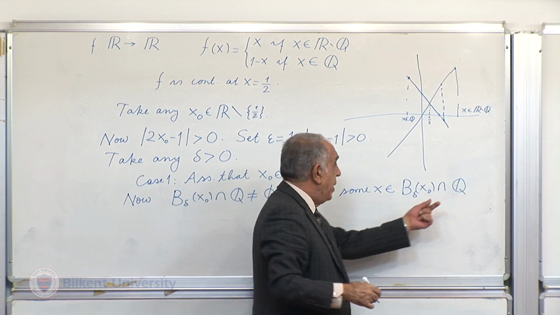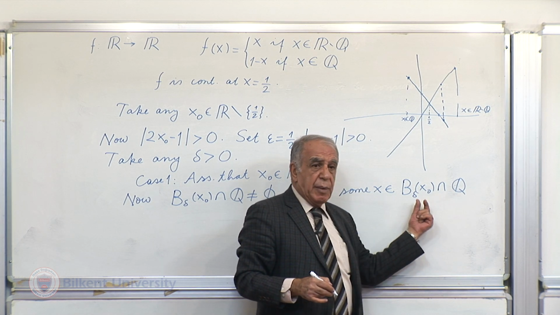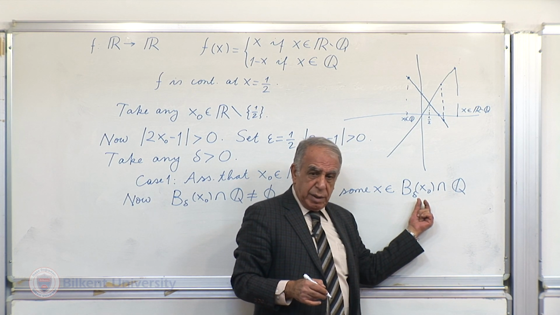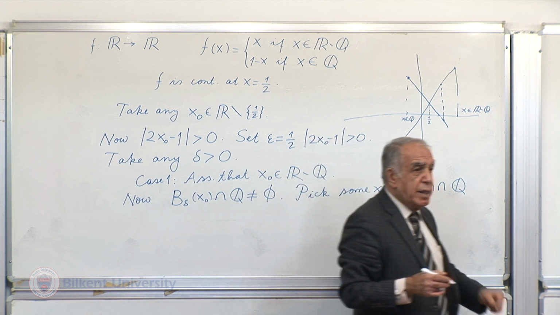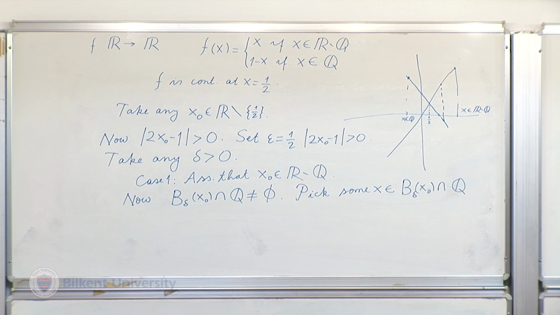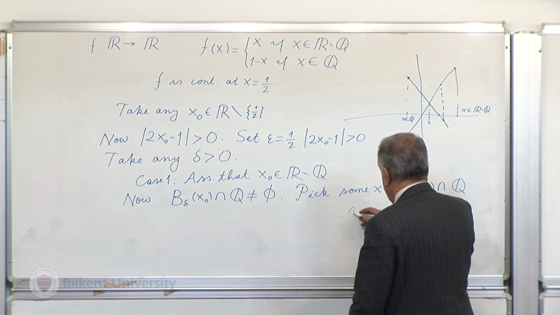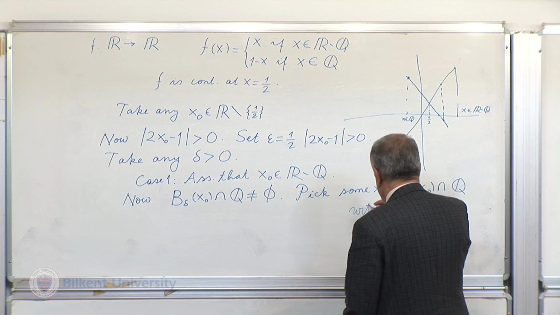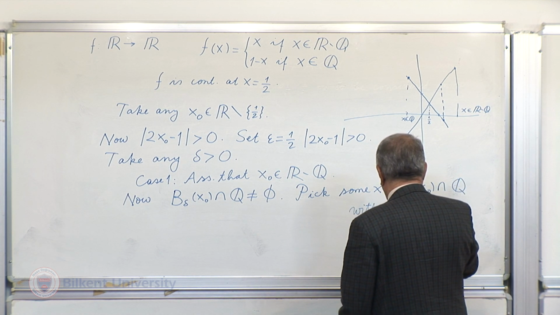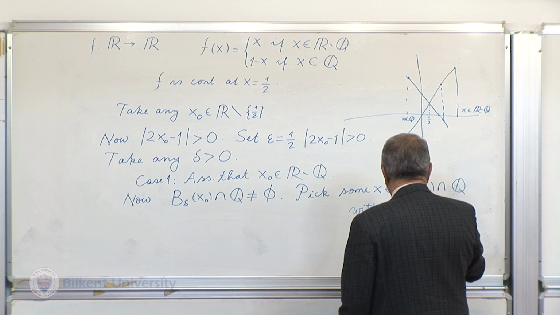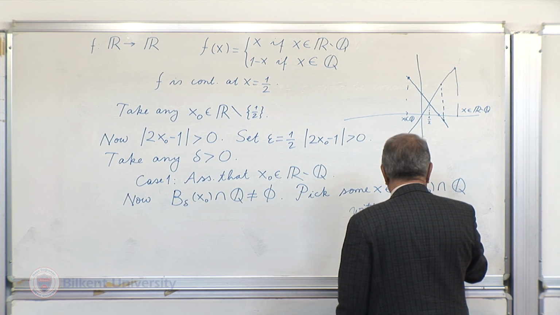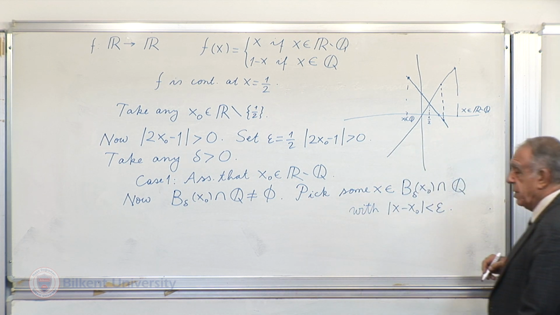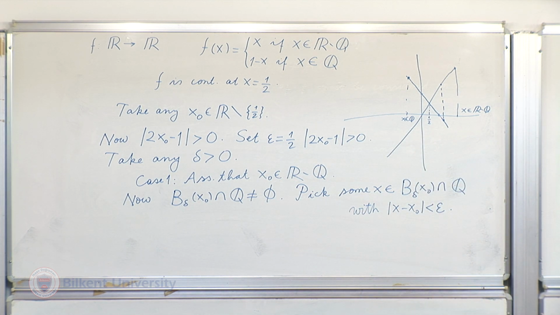So this will be a rational number, and it will be delta close to x0. But we can choose it actually as close as we wish, so long as it's less than delta. So let's choose it such that this is less than epsilon as well.